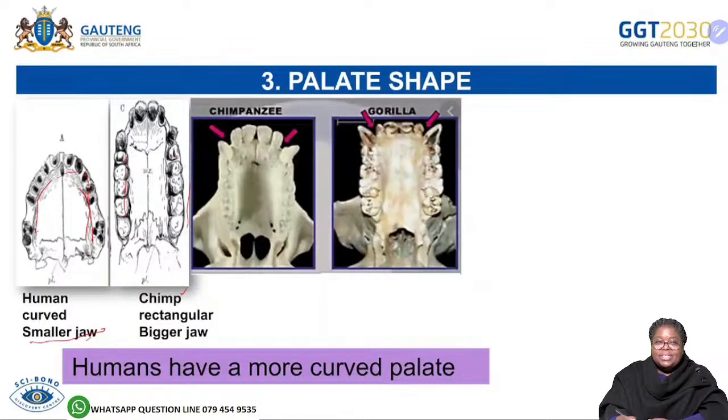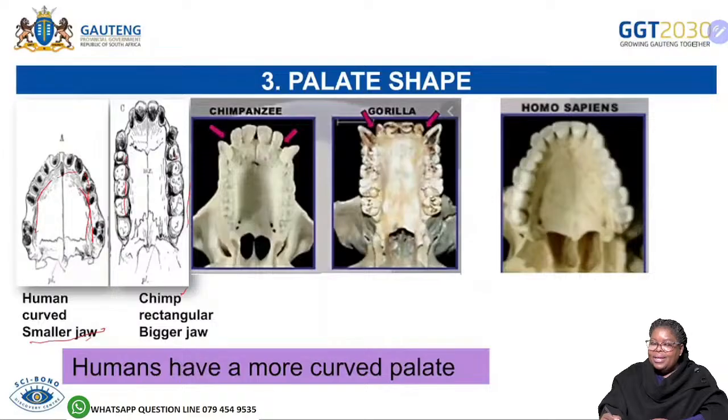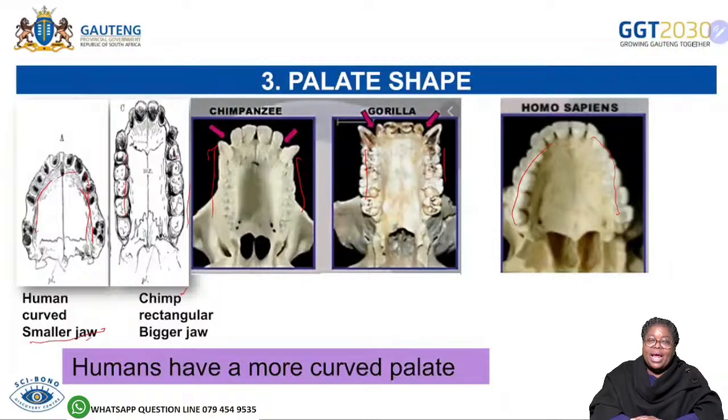This is a chimpanzee, this is a gorilla, this is a Homo sapien, it's you. Now we are comparing the palate shape. We are saying it's curved, it's small, whereas with other primates, it looks like a rectangle. It's rectangular and it has got bigger jaws. Right, what else do you observe there? What do you see there?